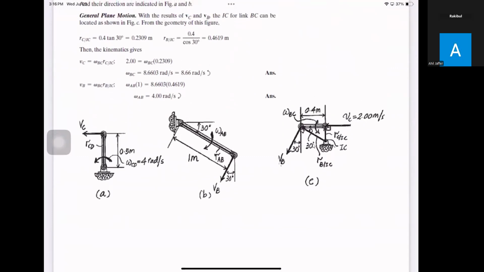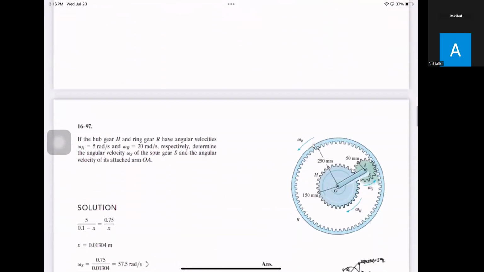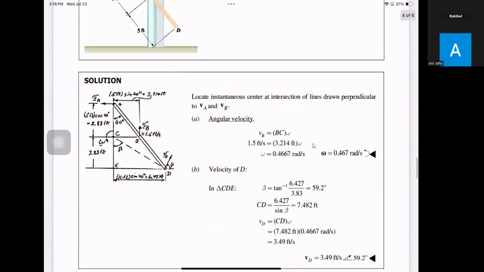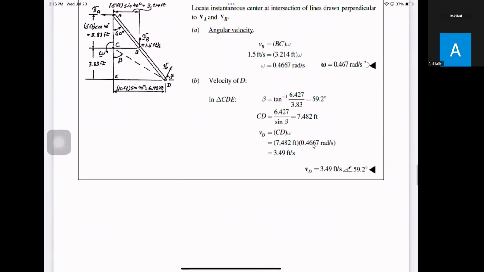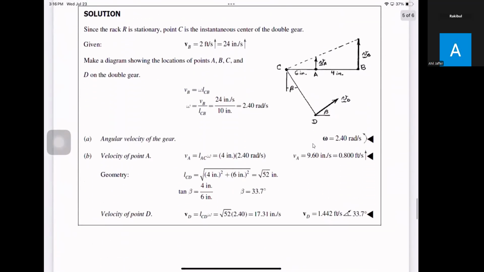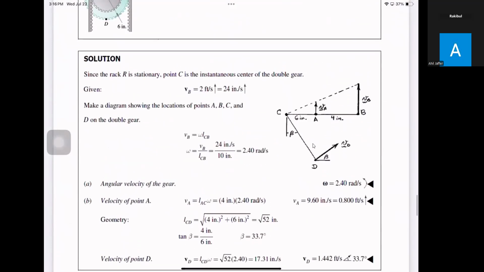Which one is this? This is for instantaneous center, right? No, this is not instantaneous center.